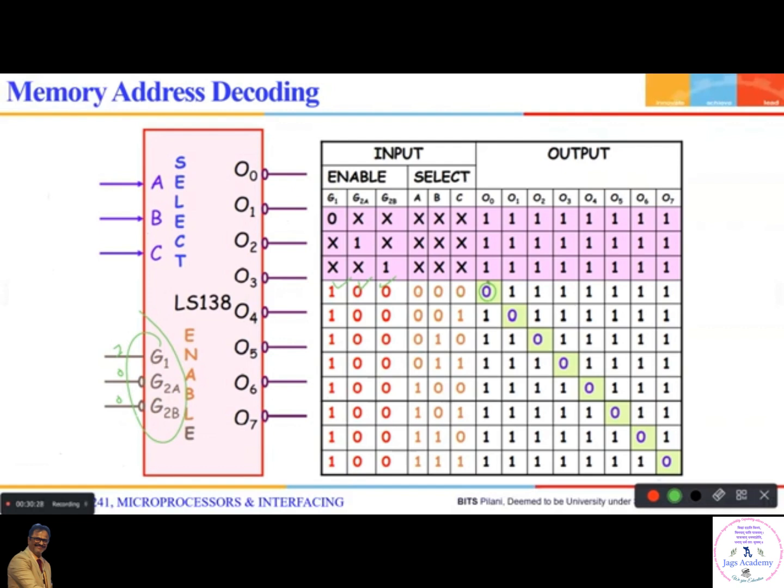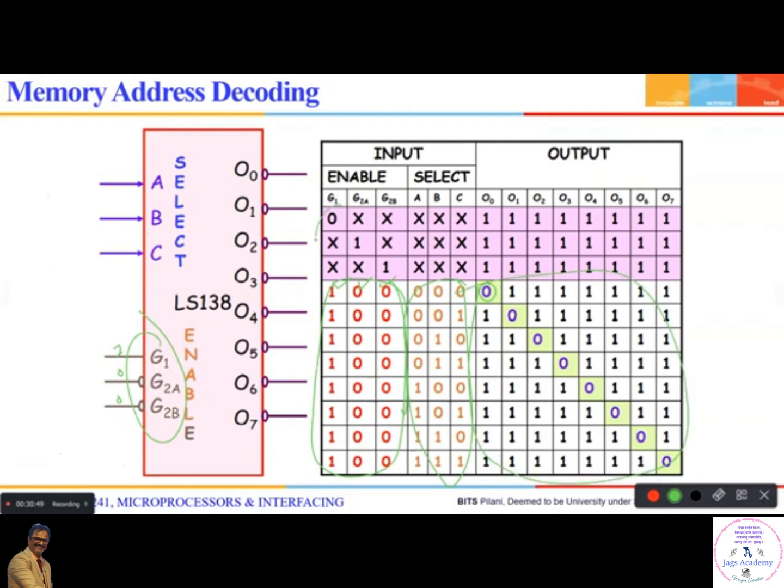For all these cases, your G1 is 1, G2A is 0, G2B is 0. Then only you can see the decoding action happening.